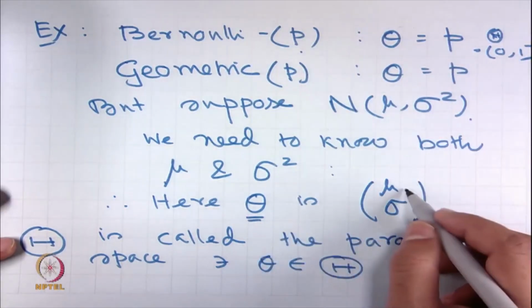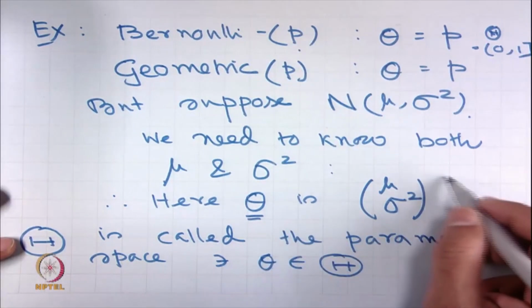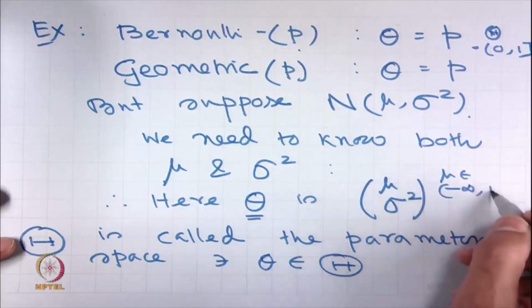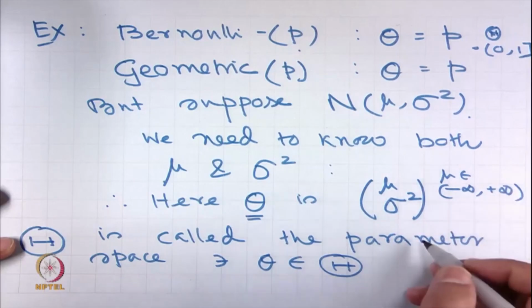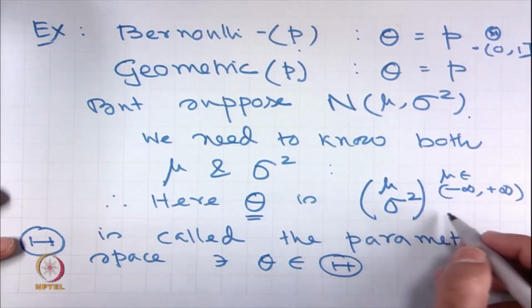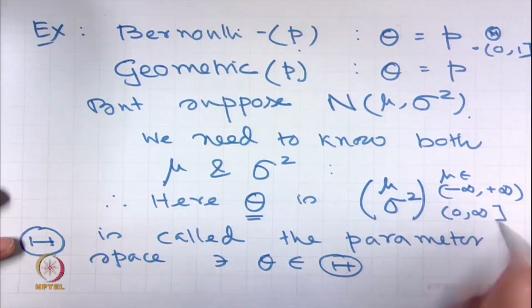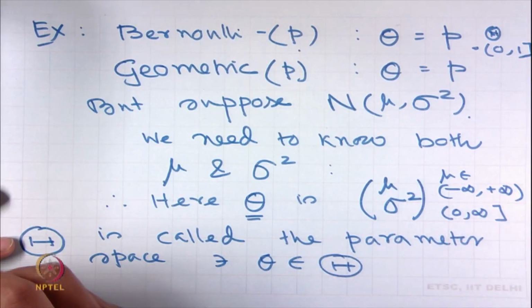When we are looking at mu, mu can belong to minus infinity to infinity. Sigma square may belong to 0 to infinity. So, that is the parameter space to which the parameter of the distribution can belong.